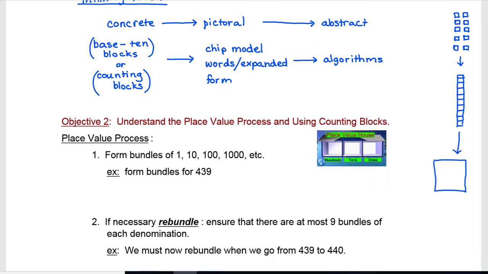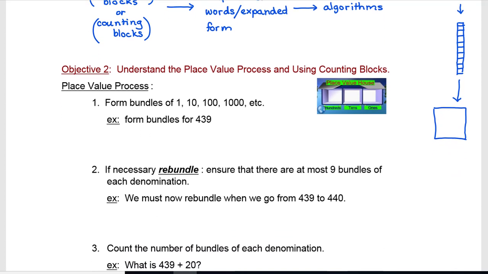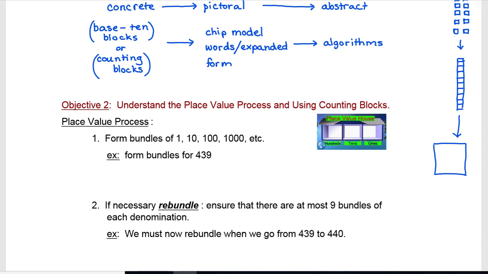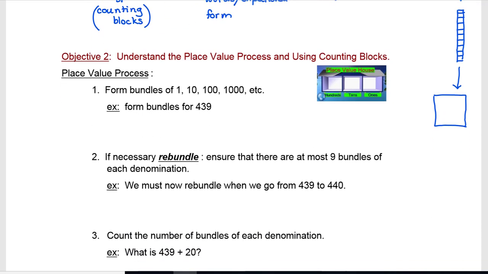But what we first have to do is get kids to understand what's actually going on, okay? So let's try to understand this place value process using what we call counting blocks, or in other words, base 10 blocks. Basically we have bundles of 1, 10, 100, 1,000, etc. So we're going to draw some base 10 blocks.